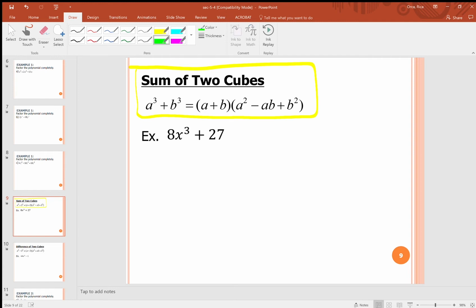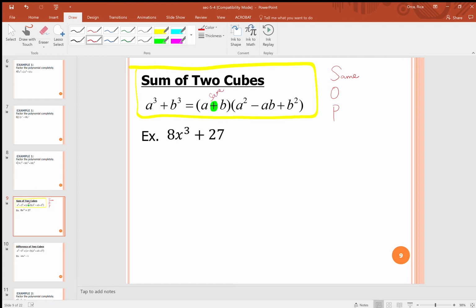One way I like to remember the formula and the signs is by using an acronym called SOP. S stands for same, so same as the problem. Notice how in the problem we have addition.